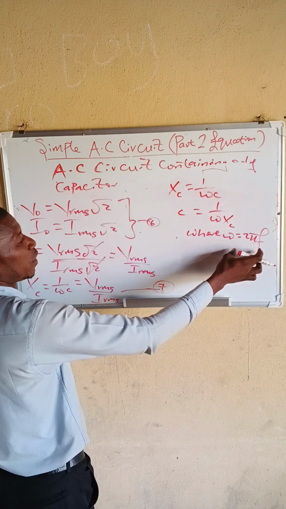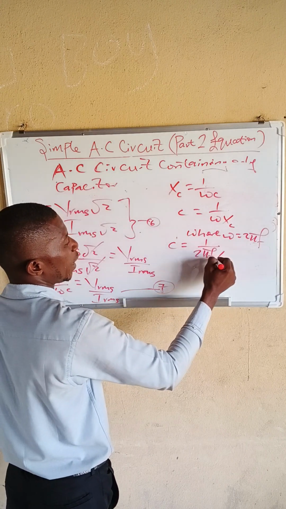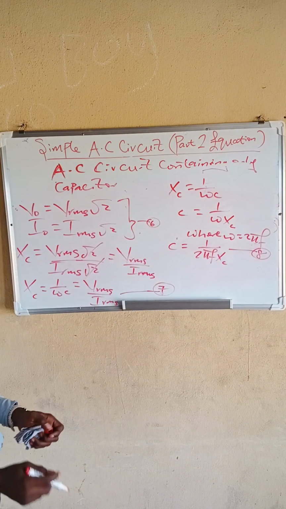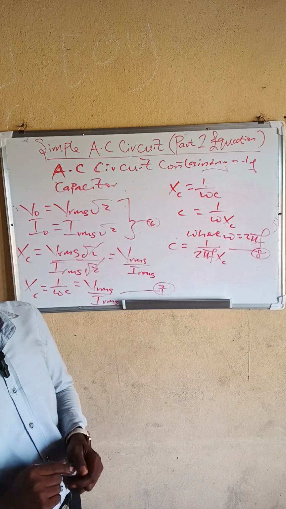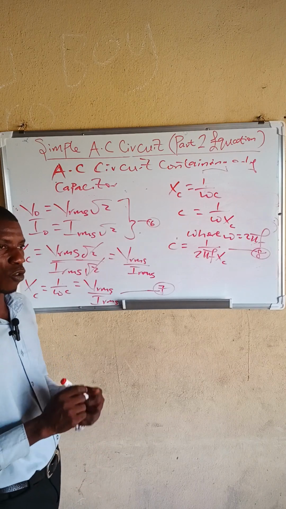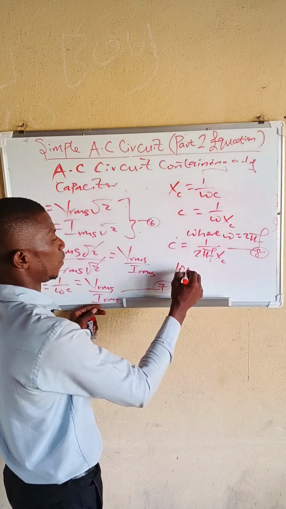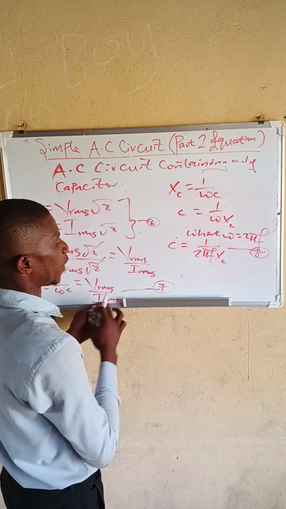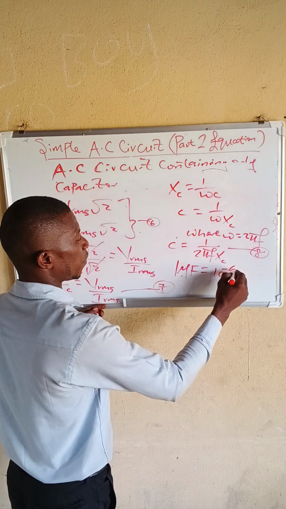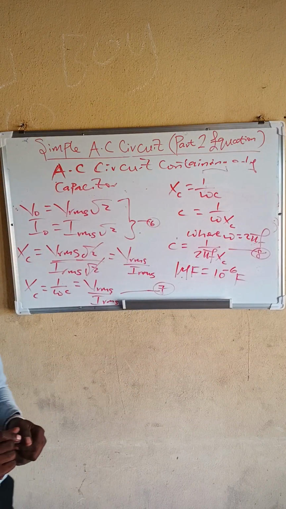Substituting this gives me C equal to 1 over 2 pi f Xc. Call this equation 8. This is the equation for the capacitance of a capacitor, measured in farads, knowing that 1 microfarad is equal to 10 raised to the power of negative 6 farads.